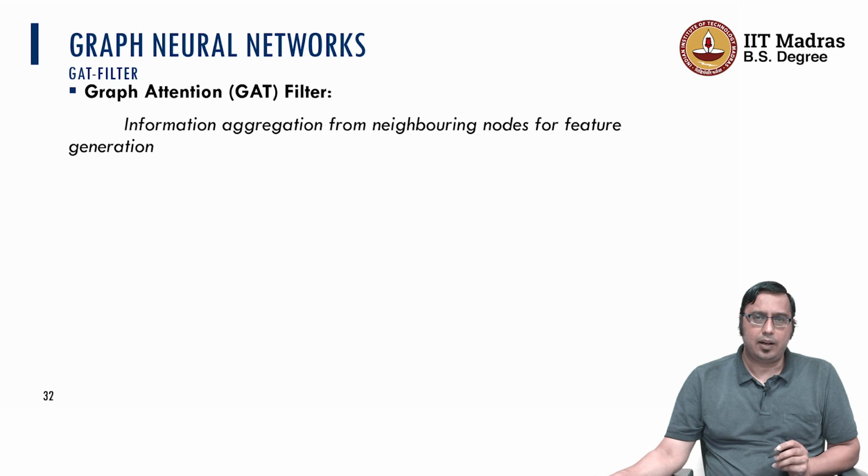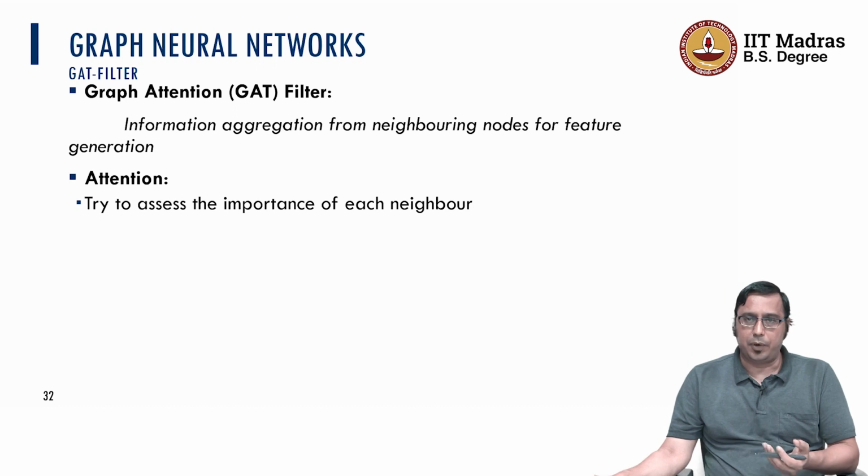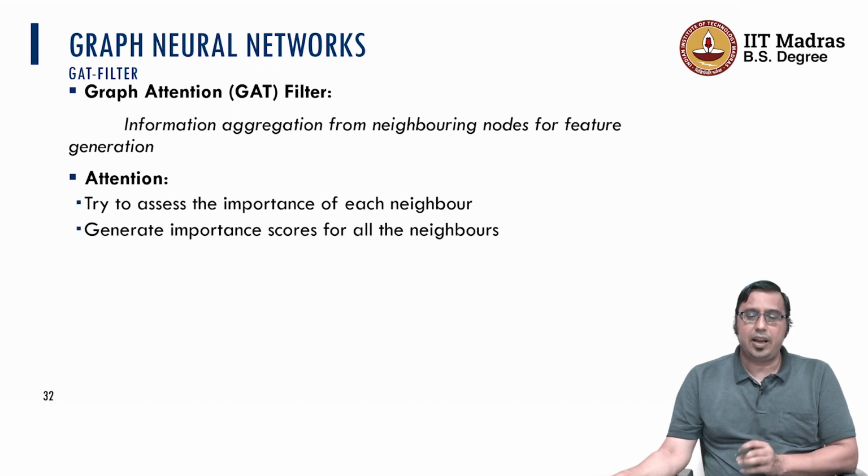However, unlike other filters like GCN filters, we also use an attention mechanism in aggregating the information from neighboring nodes. What we try to do in a GAT filter is assess the importance of each neighbor around a particular node and generate an importance score for all the neighbors.